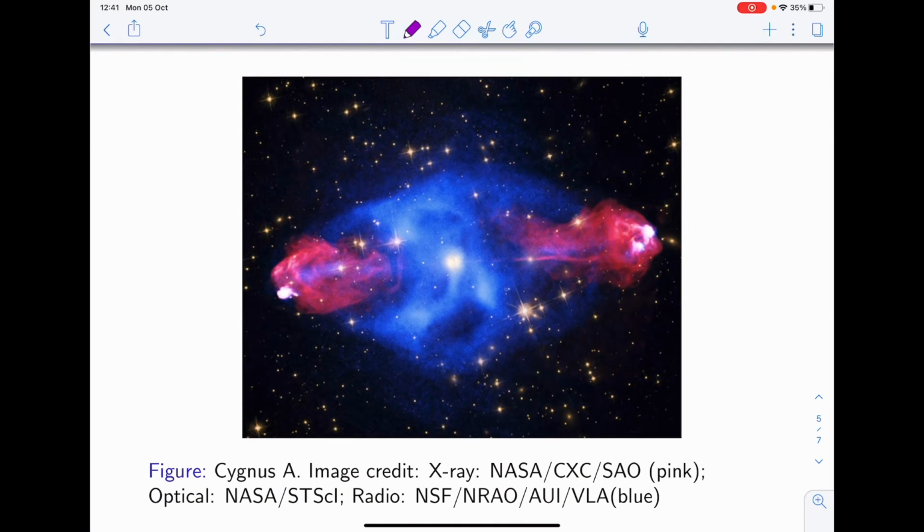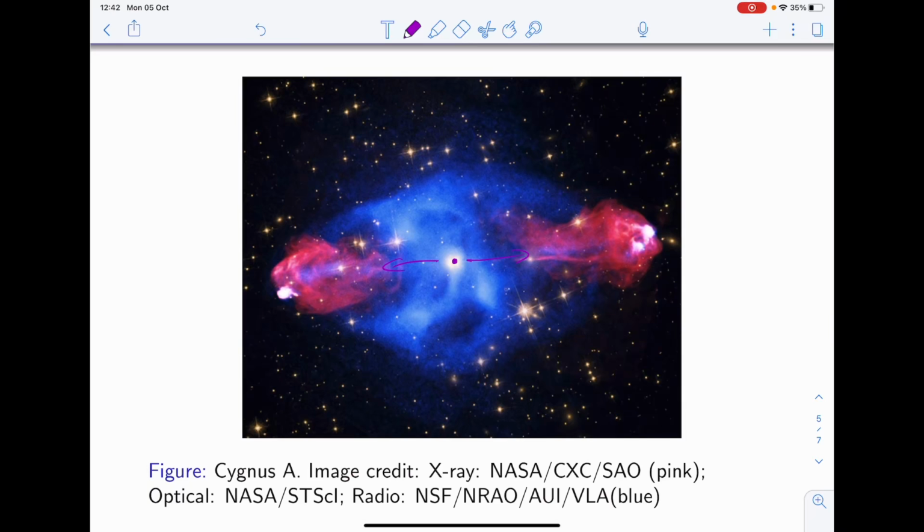So Cygnus A is one of the brightest things in our sky, and basically you have a supermassive black hole here at this point, and because the nucleus is active, it shoots out these jets which go out in opposite directions, and they interact with the medium.